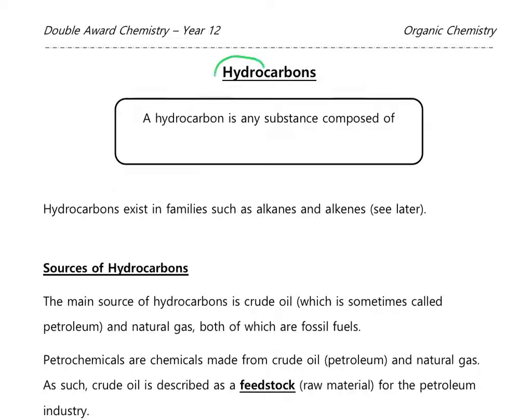So the name is hydrocarbons, so you've got hydro, and then you've got carbons. The hydro part refers to hydrogen, and the carbons part refers to carbon. So essentially a hydrocarbon is any substance composed of hydrogen and carbon, but there's another word in your definition that you must include.